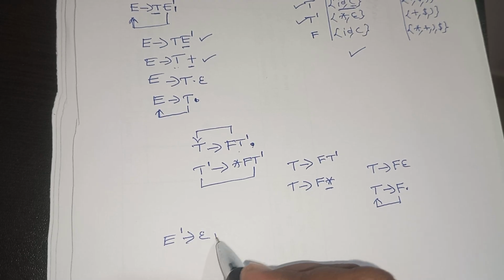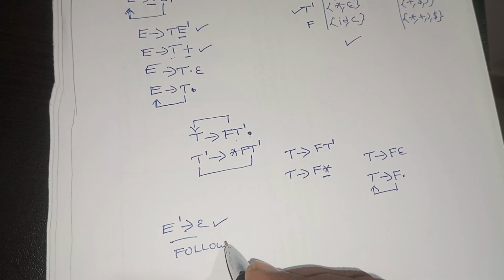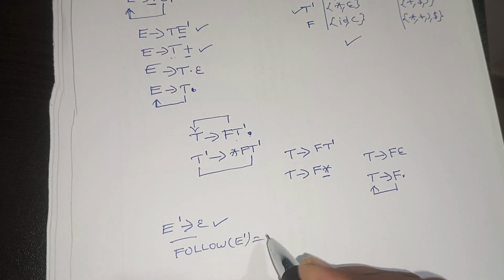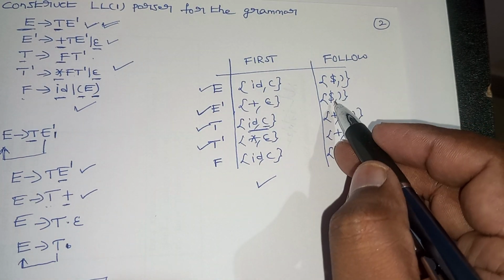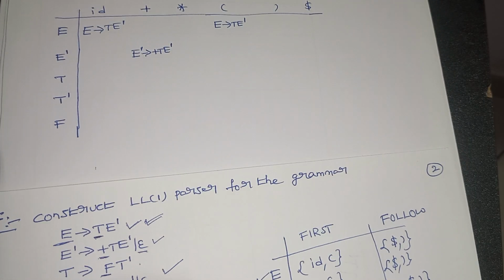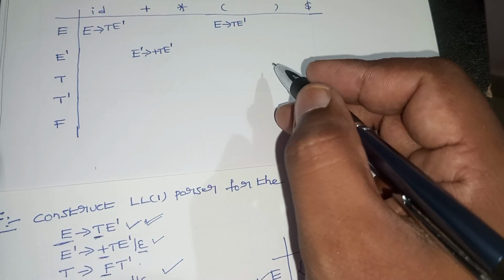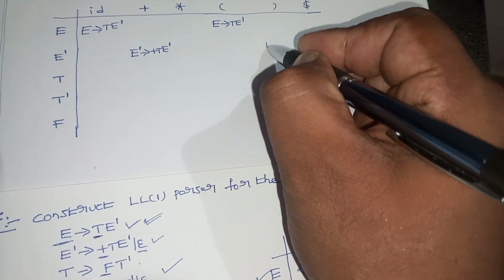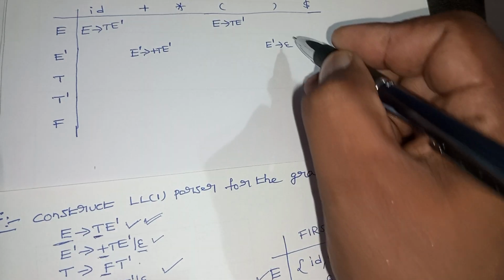If I see this type of rule, you write this production under follow of E dash. What is follow of E dash? It is dollar and then right parenthesis. So E dash tends to epsilon.